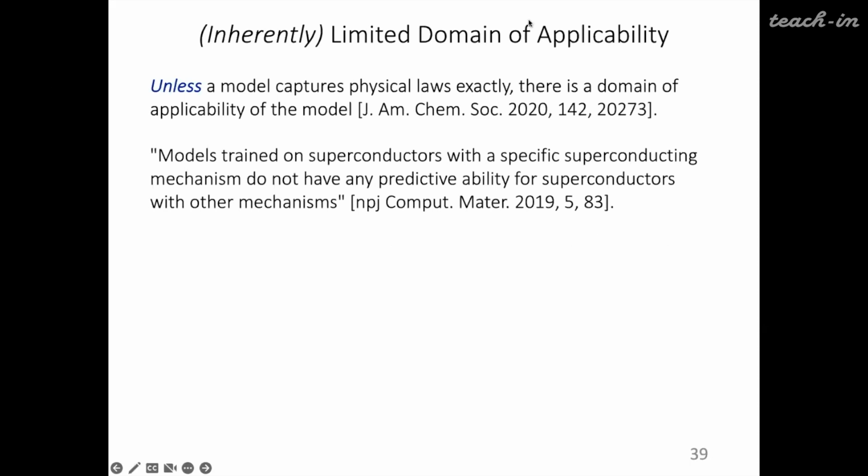So for example, if the model is trained on superconductors or zeolites used as adsorbents with specific superconducting or adsorptive properties, then the model won't be predictive for any superconductors or zeolites, or I would even say adsorbents like carbon materials that differ substantially from the training dataset.